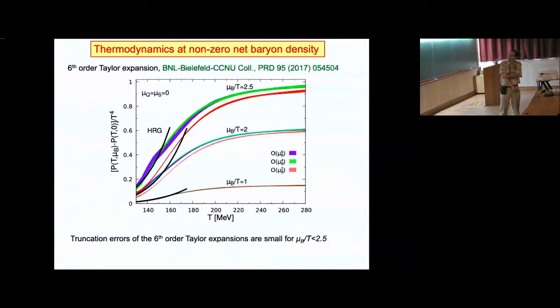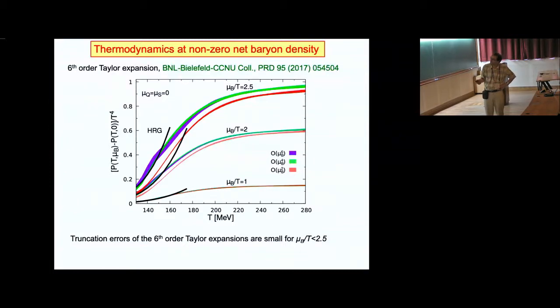Okay, so now if you have the Taylor expansion, you could also calculate the pressure at non-zero baryon density. What I show here on this figure is the difference between pressure calculated at finite baryon chemical potential and zero baryon chemical potential as a function of the temperature.